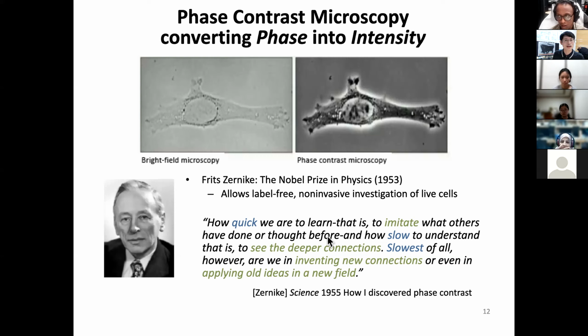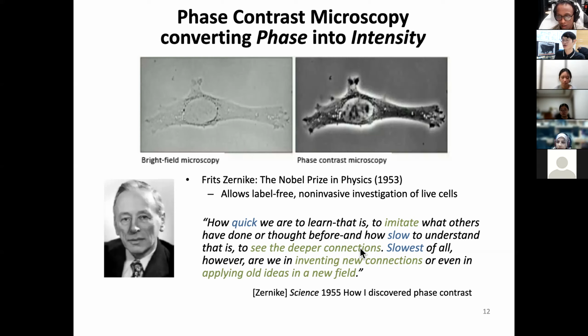You imitate someone in the laboratory, or many of the faculty members, first. But you have to keep thinking, because this is a quick and easy way. How slow we are to understand is to see deeper connections. So you always think below that: how does this link to other things, the connections? That's slow, but it's more important.